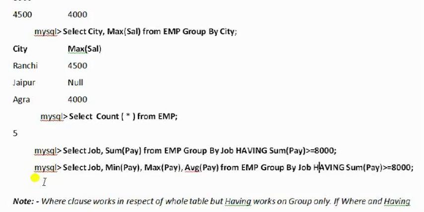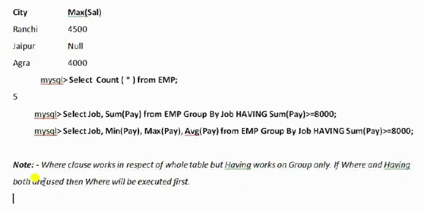Again you see, next, select job, minimum payment, maximum payment, average of payment of EMP group by job. Job wise it will be grouped when the condition is payment is greater than 8000. So instead of where we are writing having greater than 8000. Clear?